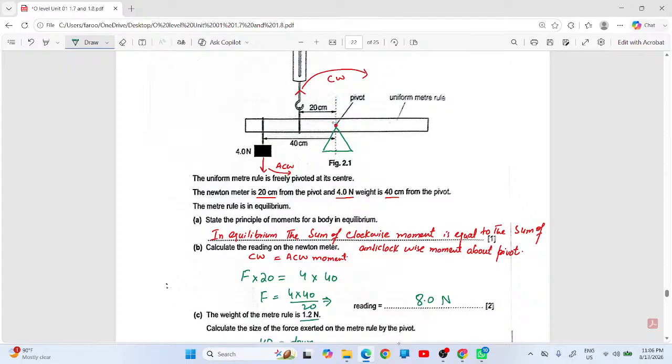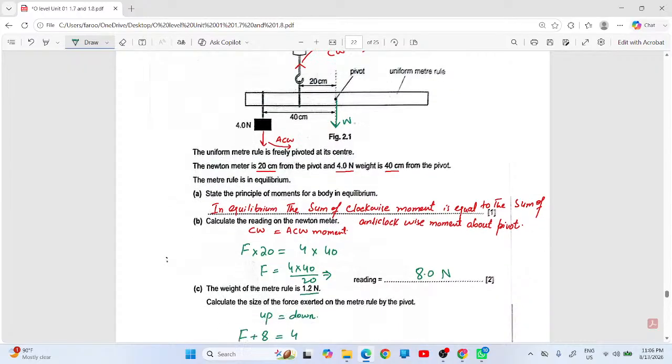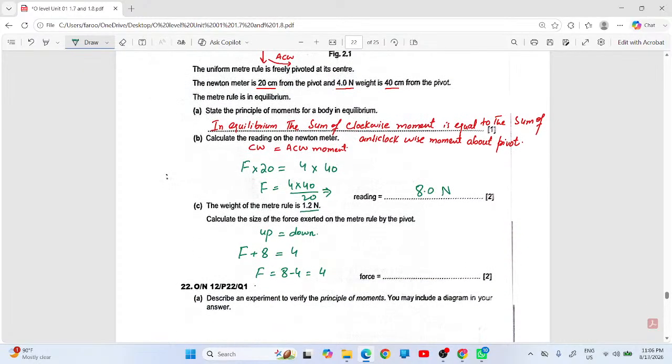The weight acting on the pivot is downward. But here, calculate the size of the force exerted on the meter rule by the pivot. The pivot will exert as much force as needed.